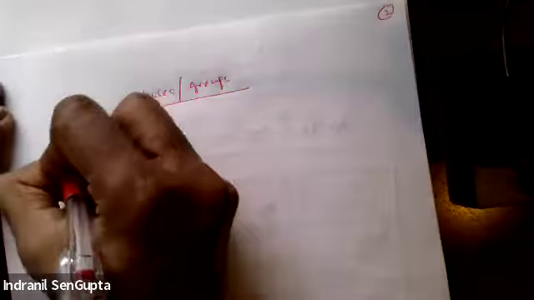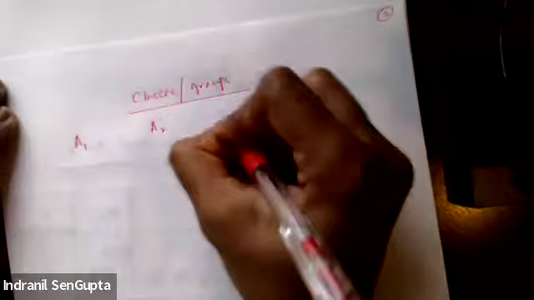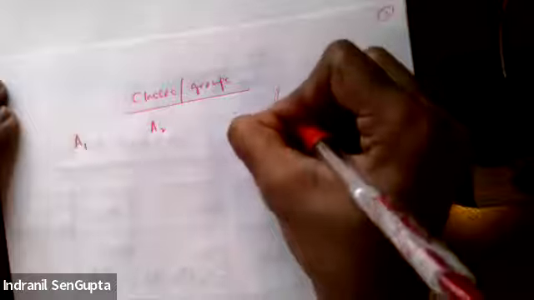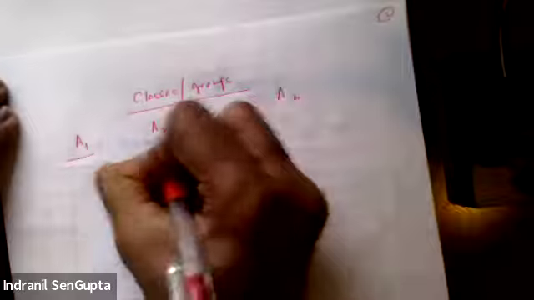And I write, say, A1, A2, all the way up to AB. So this is the name of a group. We'll see some example very soon. This is for computational purposes.